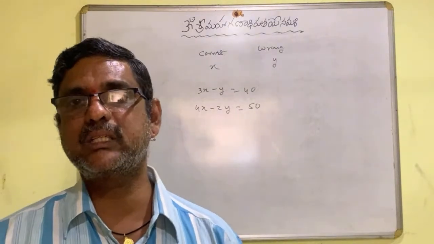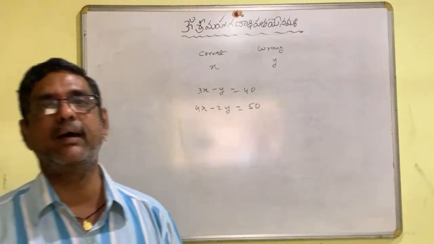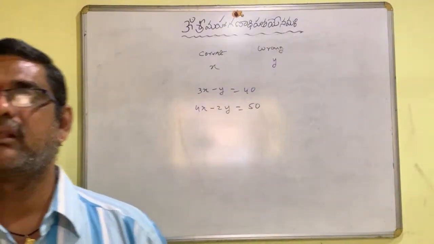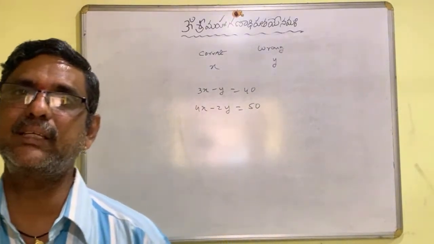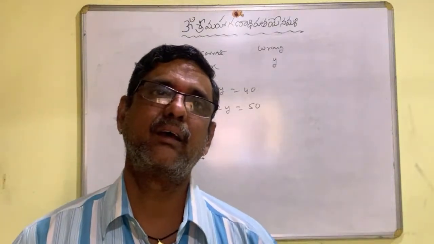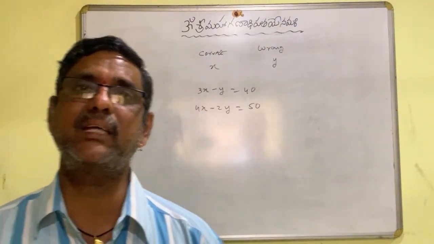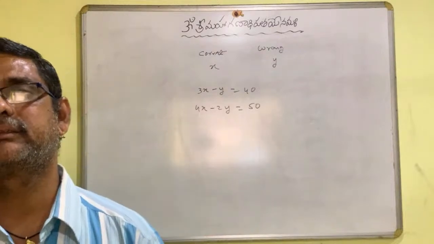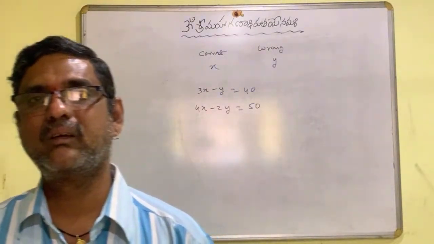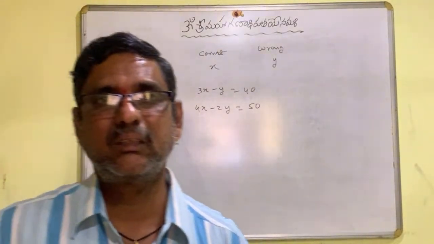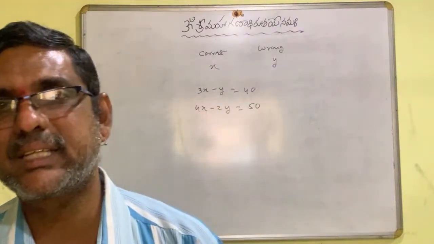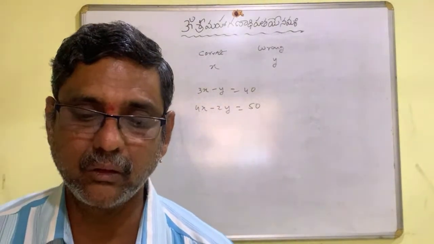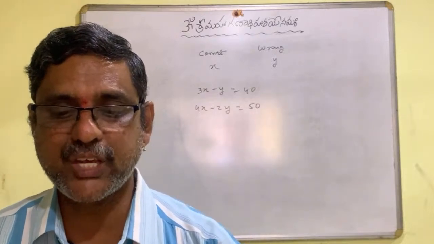So correct questions are 15 and wrong are 5. 3 fives are 15, 15 threes are 45, minus 5 is 40. And 60 minus 10 is 50. Very good. Good. Next question.